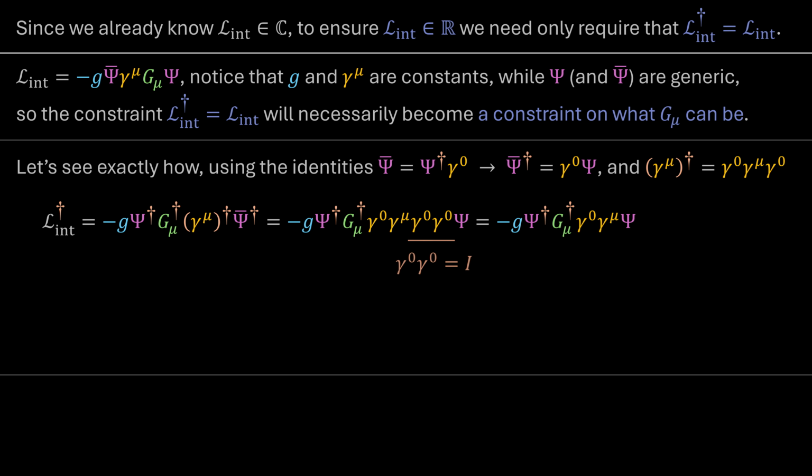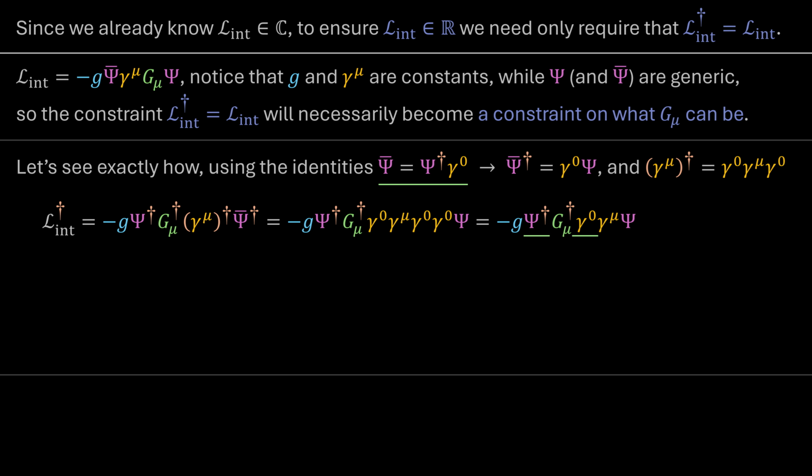Now next, what we can do is we can notice that there is a psi dagger gamma 0 in this equation. And we know from the definition of the Dirac adjoint that psi dagger gamma 0 is equal to psi bar, the Dirac adjoint of psi. Now here, in order to use this identity, we have to scoot our gamma 0 over to the left side of G mu dagger. And so we have to ask ourselves, is that an okay move? That is, does gamma 0 commute with G mu dagger?